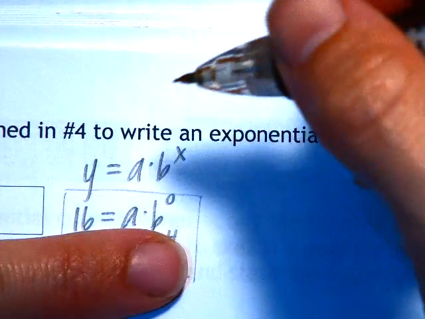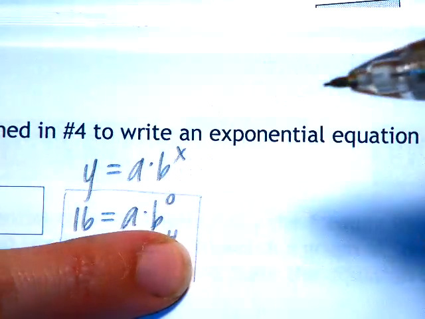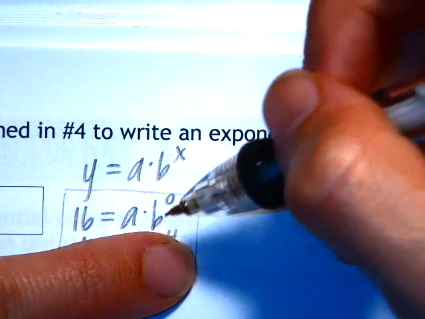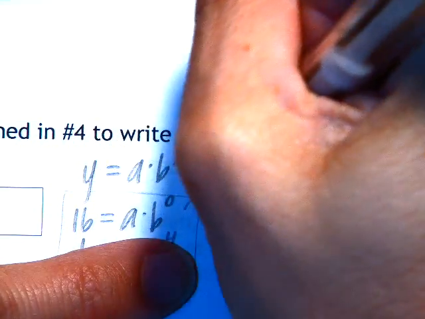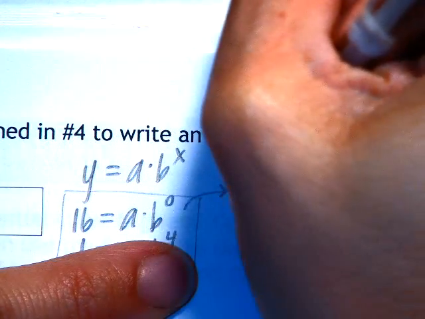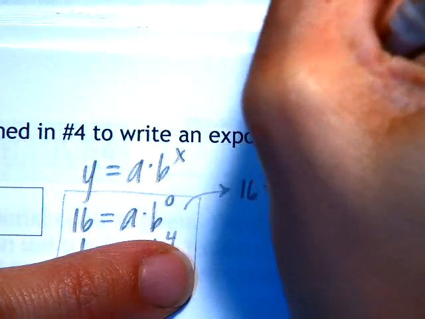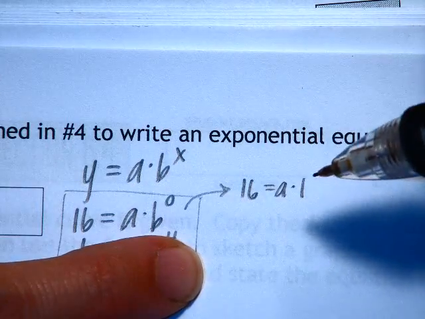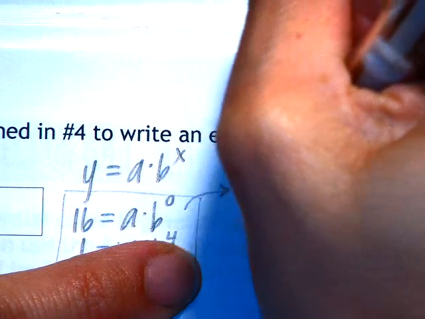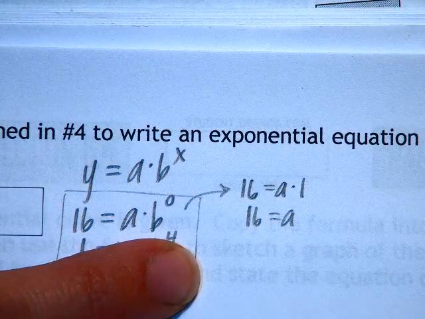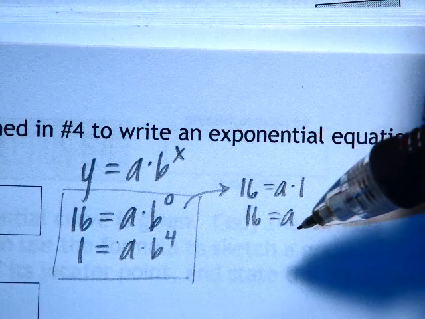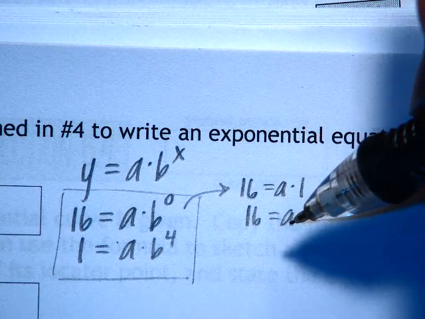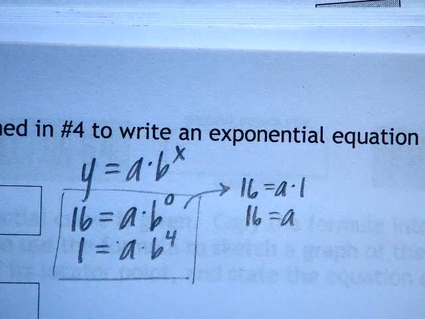So I'll look at the first equation and I'll ask myself, okay, how do I get a by itself? Well, it is worth noting that b to the power of 0, or anything to the power of 0, is 1. So if 16 is equal to a times 1, then that means a is just 16. So that's kind of a nifty little trick, because that means I solve for a. A is already done. I know the a value must be 16.